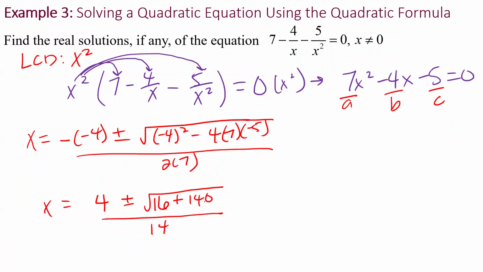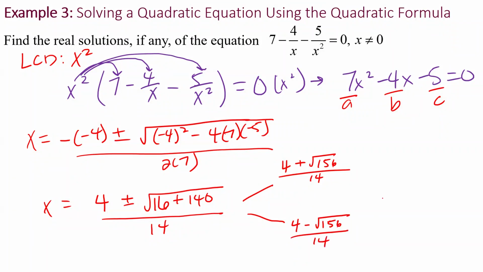Because this is going to be positive, we know we're going to have what? Two solutions. So we have 4 plus the square root of 156 over 14. And we have 4 minus the square root of 156 over 14. Yes? And we're going to plug these into our calculator.